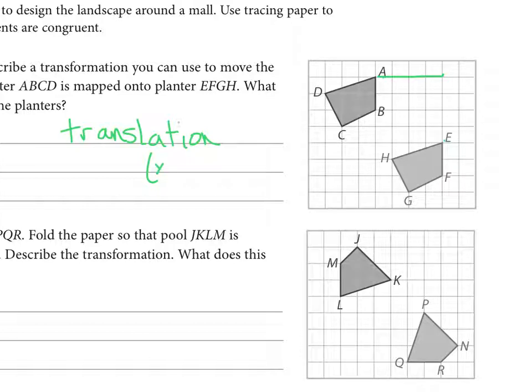Looks like x plus 4. And then 1, 2, 3, 4, y minus 4, if I counted those wrong. And then we know that a translation is rigid, and so those are congruent. If I look at B, I can see that K and P are the same, and it looks like everything is an equal distance from a line, and so that is a reflection.